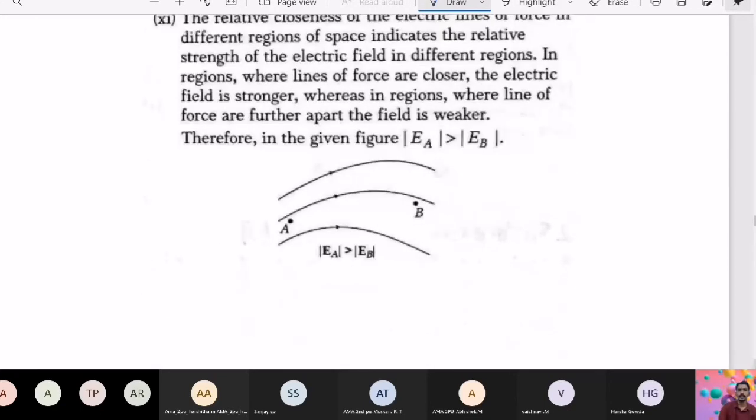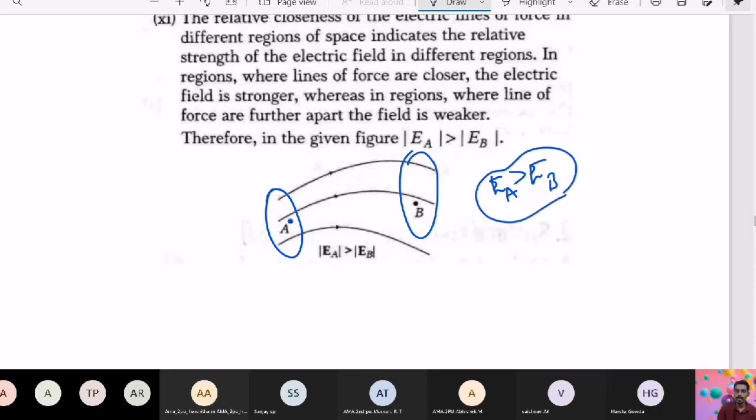So please try to understand. And here, as I said, at one point the field lines are close, at another point the field lines are far away. That means the field at A is greater than the field at B. Based on this also, many times they ask questions in the entrance exam.